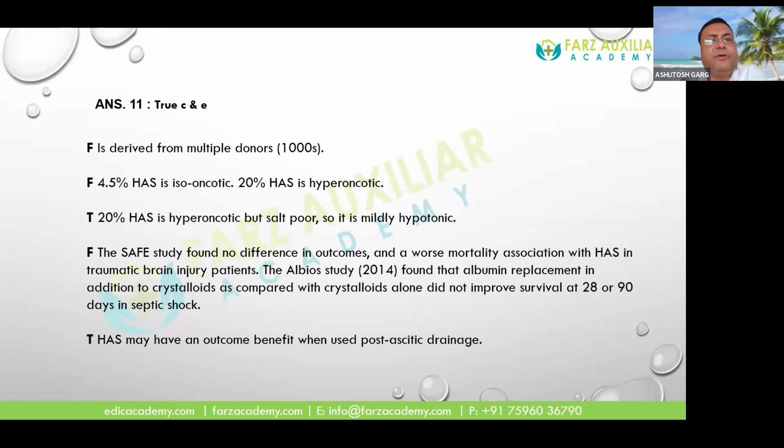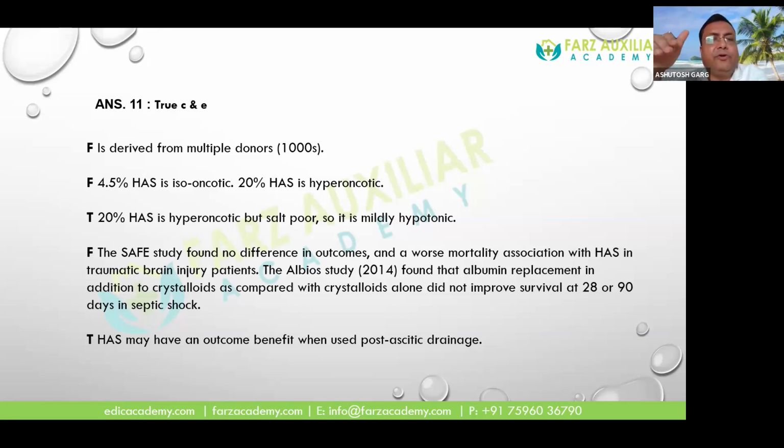So there is a difference between hyperoncotic and hypotonic. They are saying that 20% is low salt albumin, salt poor albumin. That's why it is mildly hypotonic. But as an oncotic pressure, it's hyperoncotic. So you have to understand this thing.